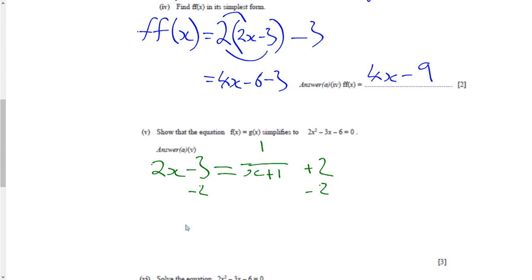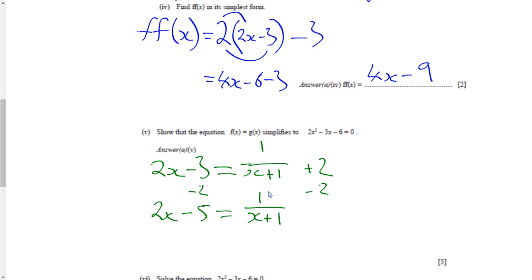So we'll have 2x minus 3 minus 2, minus 5, is equal to 1 over x plus 1. Okay, now we've got our fraction on its own.